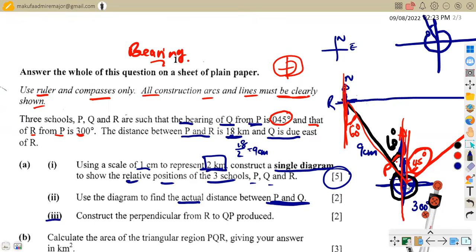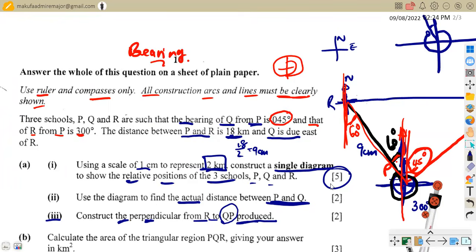Then item 3, we are now asked to construct the perpendicular. Take note, the perpendicular from R to PQ produced. When they say QP produced, it means the line QP, you can extend it. But how do you construct a perpendicular from a point to a line?